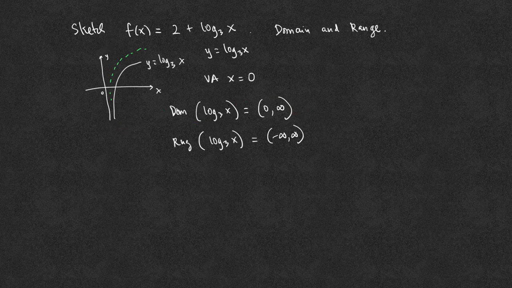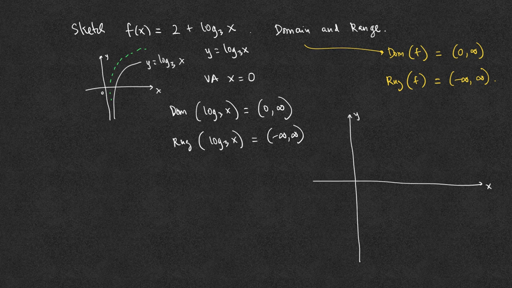What that means is that the domain of the function f, which is the function 2 plus log base 3 of x, is still 0 to infinity. And the range of the function f is still negative infinity to infinity.